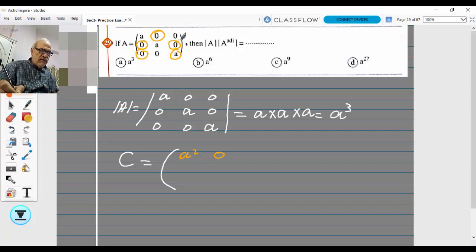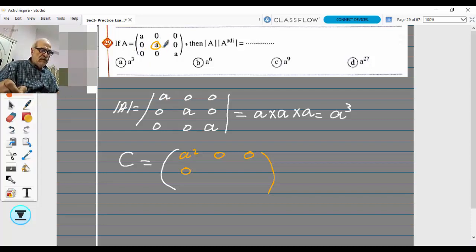And the cofactor of the third element in the first row, 0 multiply this minor determinant equals 0, and so on. Here we delete it. What is the cofactor of this element? It is 0. What is the cofactor of this element A? It will be A square.